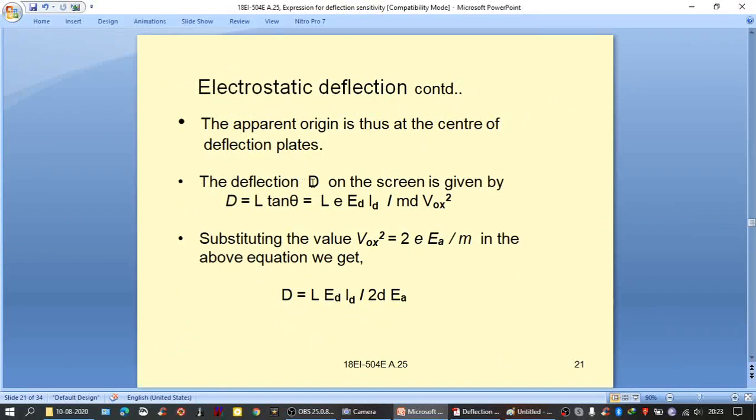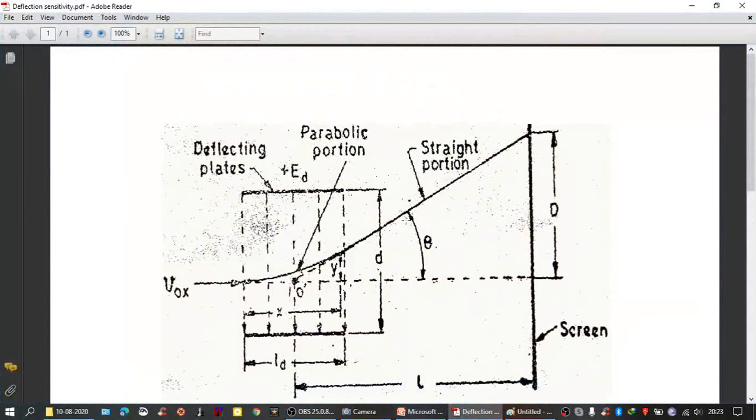Now, the deflection D on the screen is given by D is equal to L tan theta. Now, this is theta. From here, let us project this line, and this tangent is making an angle theta with a horizontal axis, and tan theta is equal to D by, from here to here, that is the opposite arm.